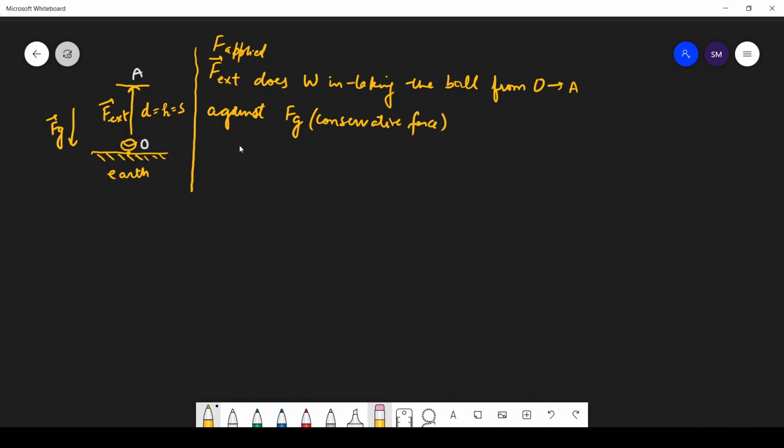So then this work done by the external force gets stored as potential energy of the ball. So that's the point.